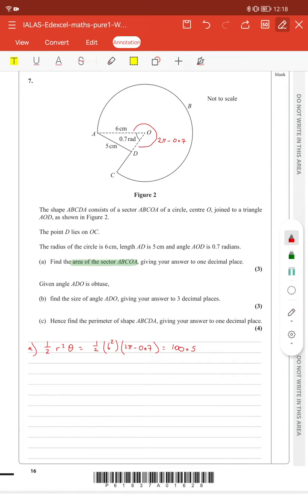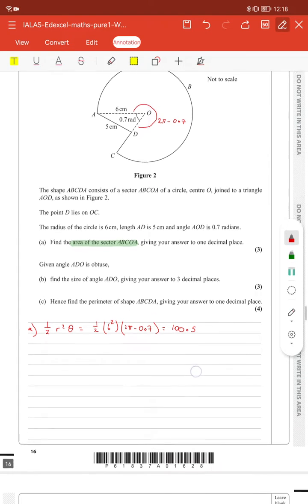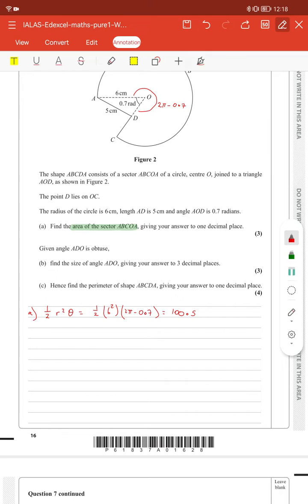And given the angle ADO is obtuse, find the size of the angle. Well, what we know is we have a triangle that looks something like this, where this is 0.7, this is 6, this is 5, and we want to find this angle here.